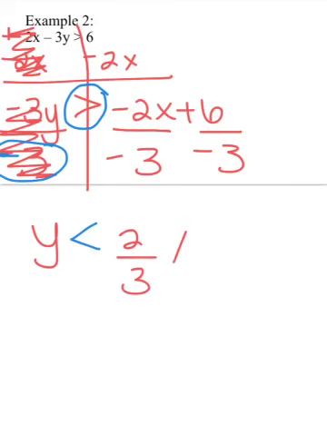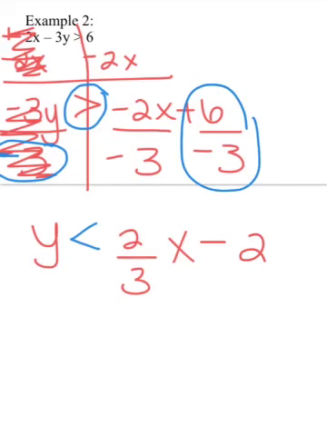So I'll have positive 2/3 x. My slope will be 2 over 3. And then 6 divided by -3 will divide evenly to give me a -2. So my slope is positive 2/3. My y-intercept is -2.